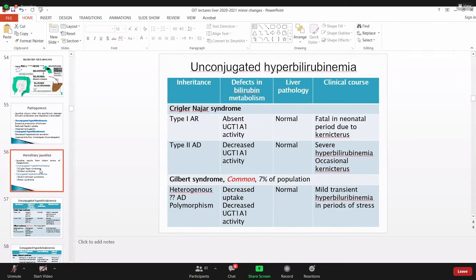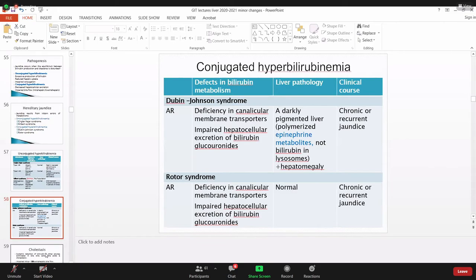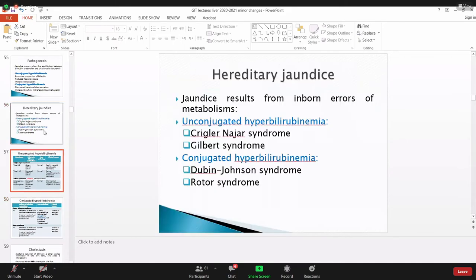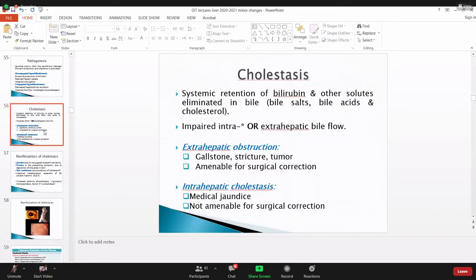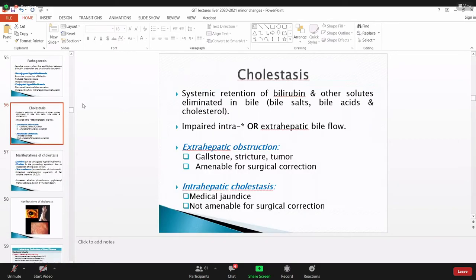Forget about these two slides, not required, okay? Unconjugated hyperbilirubinemia, also these are not required, sorry, slides 56, 57, 58 are not required, these 3 slides, okay. Congenital and hereditary hyperbilirubinemia are not required from you, okay.